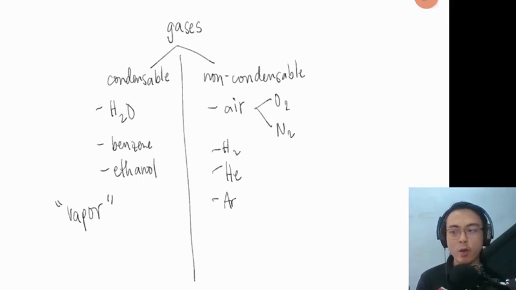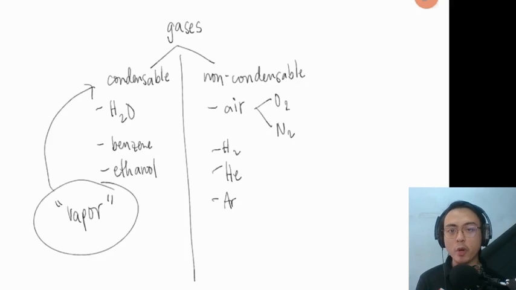You can say water vapor, you can say water in the state of a gas, or you can say gaseous water, and so on. But for this instance, for the sake of clarity, all condensable components will be referred to as vapor. So we say water vapor, ethanol vapor, benzene vapor, to signify that those substances are in the gaseous state.